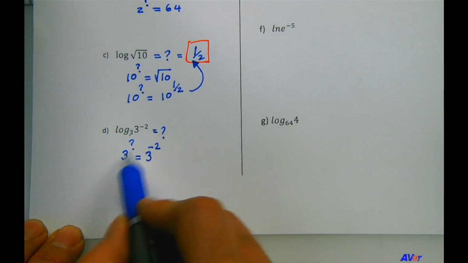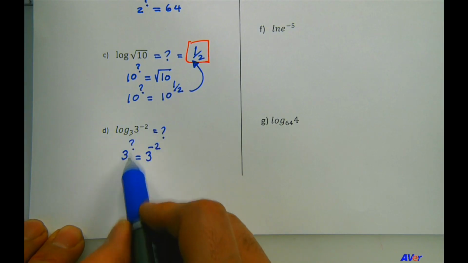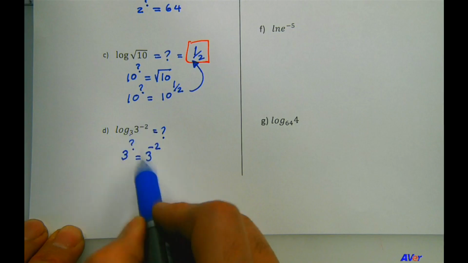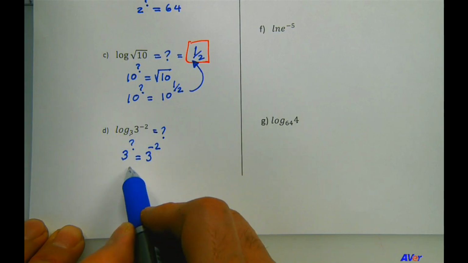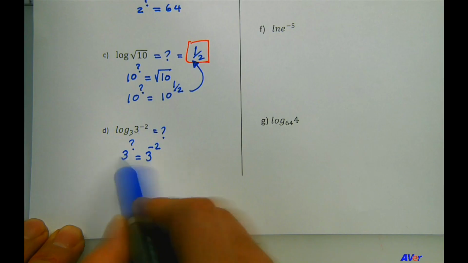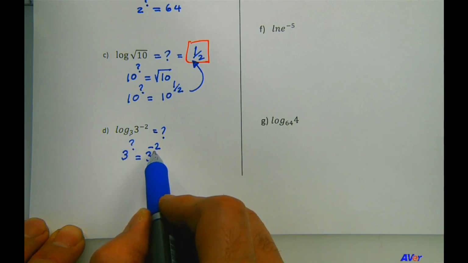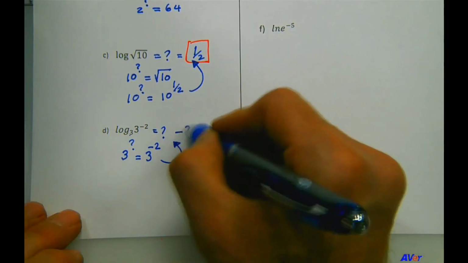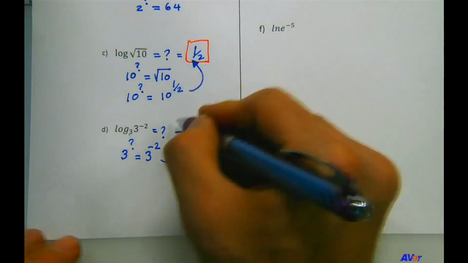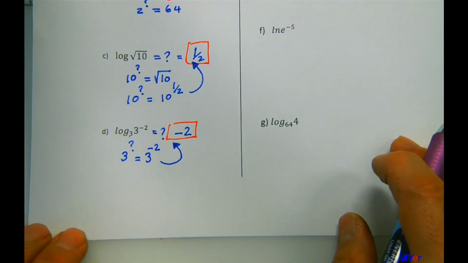This base 3 to that power, which we're looking for, must be equal to this result, 3 to the -2. Compare the left and right. The only way the two sides can be equal is if that question mark is equal to -2. So -2 is the result of that. Right? We've been able to do this without the use of a calculator.